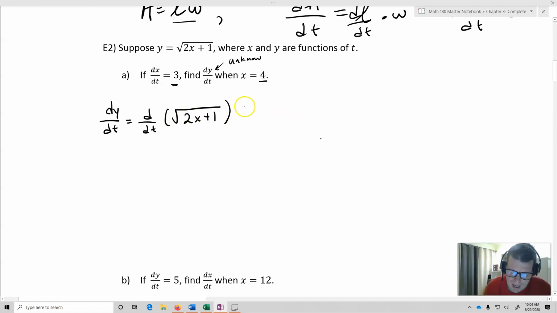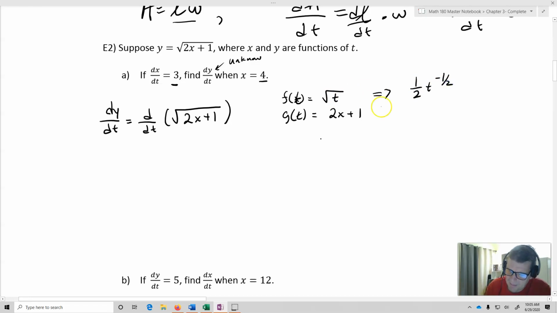We're going to let the outer function, f of t in this case, equal the square root of t, and g of t is going to be 2x plus 1. So f prime of t is going to be 1/2 t to the negative 1/2.